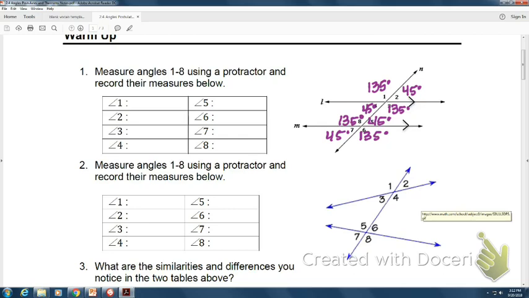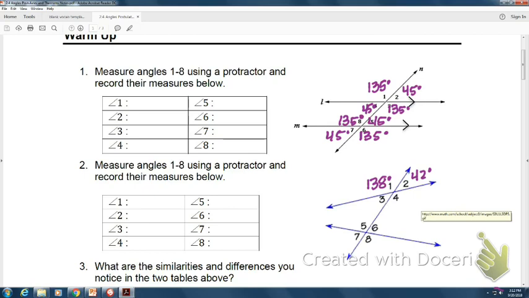Okay, number 2, angle 1 was what? 137. Okay, we'll go 138 in the middle. Okay, which made angle 2 what? 42. Okay, if you're a little off, it's okay. Okay, 2 and 3 are called what?